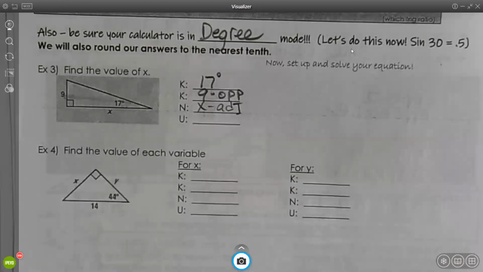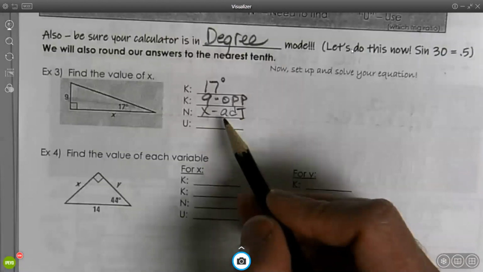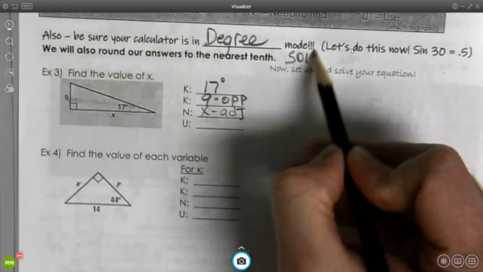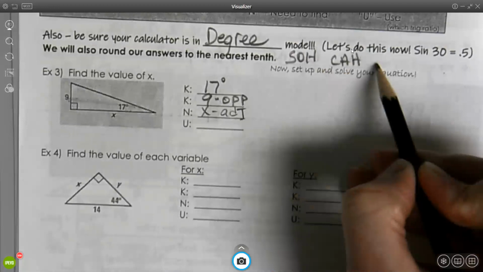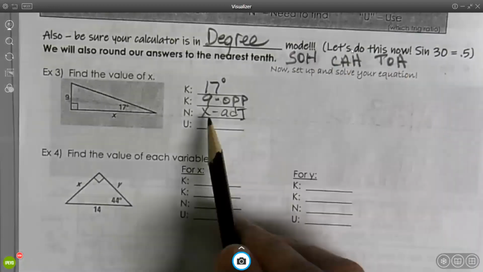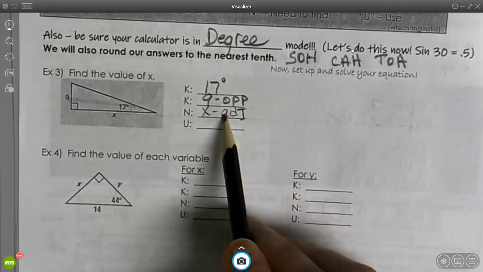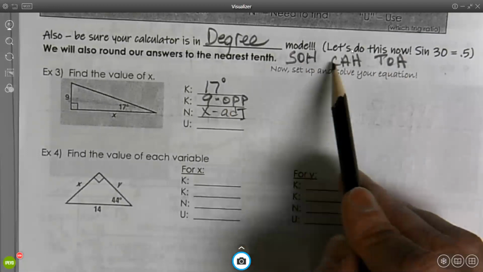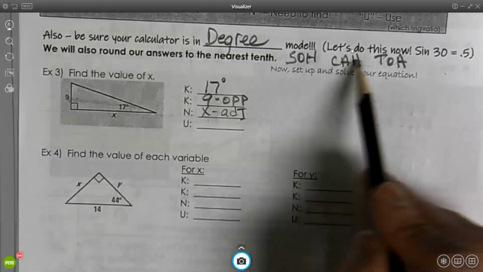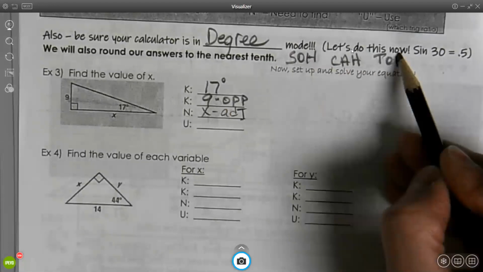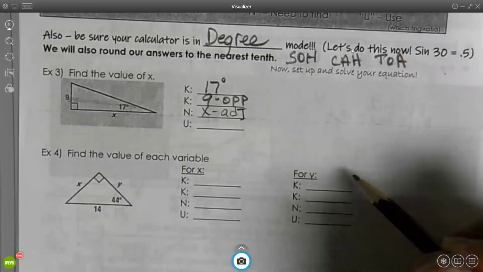So if we're going to use opposite and adjacent, we think about this as, again, SOHCAHTOA. If we're using the O and the A, that's not sine because it has the hypotenuse in it. Cosine has a hypotenuse in it. Tangent has the opposite and adjacent.